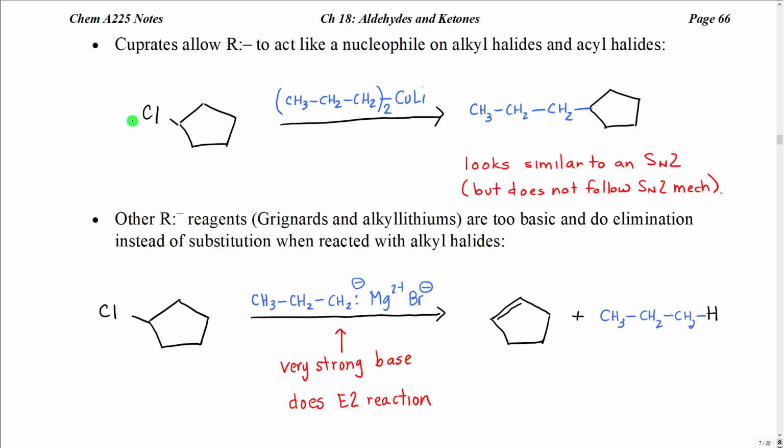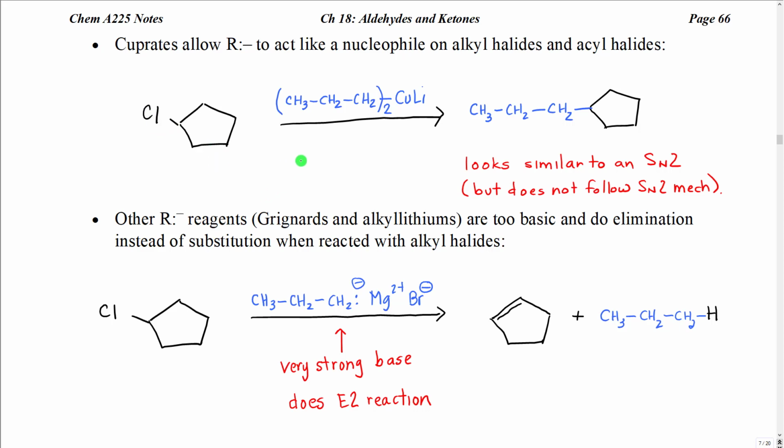Cuprates are actually very useful for other reactions. What they do is allow carbon minus to act like a nucleophile on alkyl halides and acyl halides, in other words, acid chlorides. So for example, if we look at this potential SN2 or SN1 substrate, we have cyclopentane attached to a chlorine.